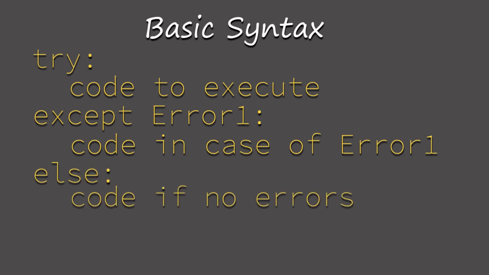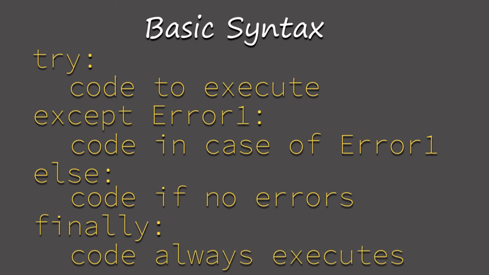In Python, you can use the try statement. The syntax is: you write try, then a colon, and from the next line after an indent, you put your code to be executed. If there is an error in your code, the next part handles the error.